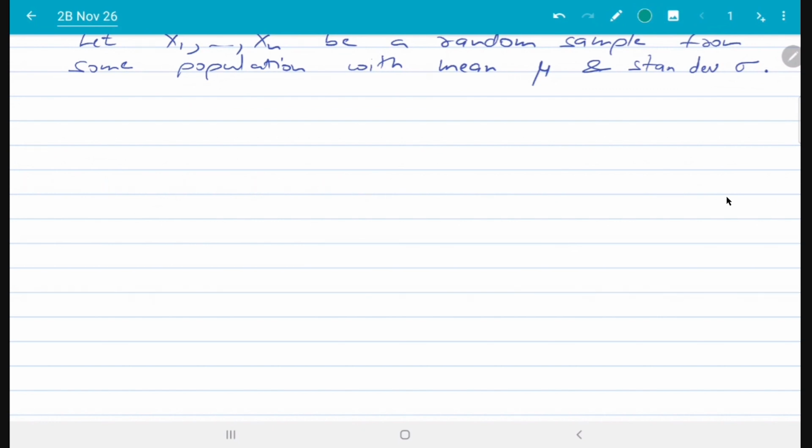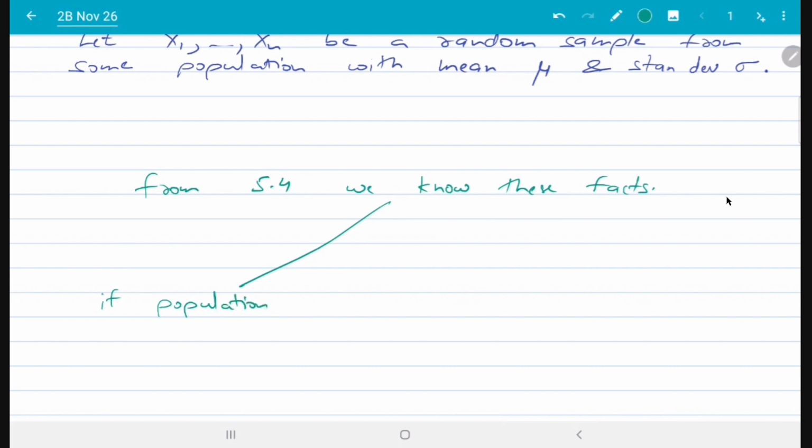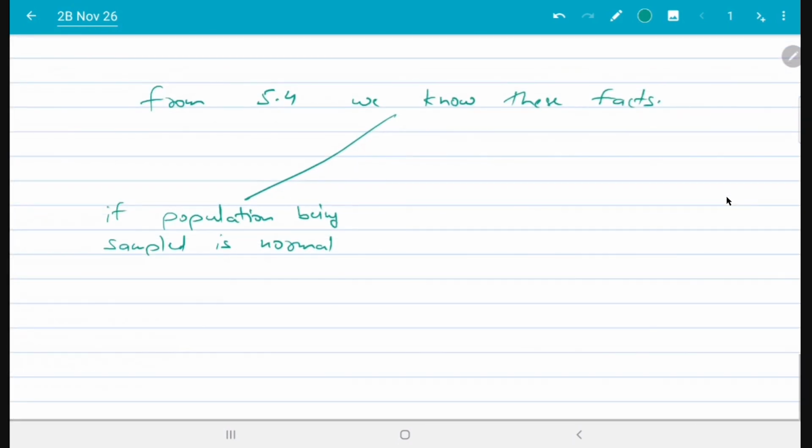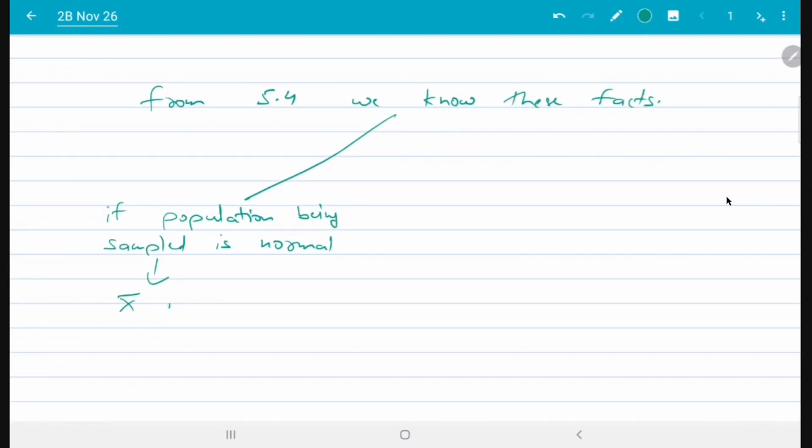Not just the last section, from 5.4, we know these facts. If the population being sampled is normal, X bar is normally distributed.